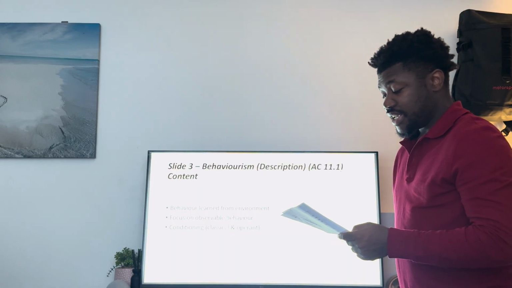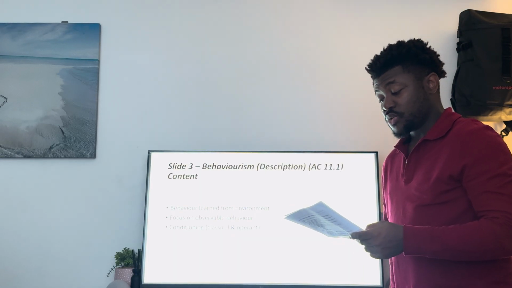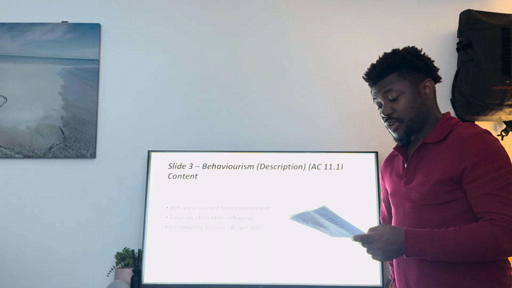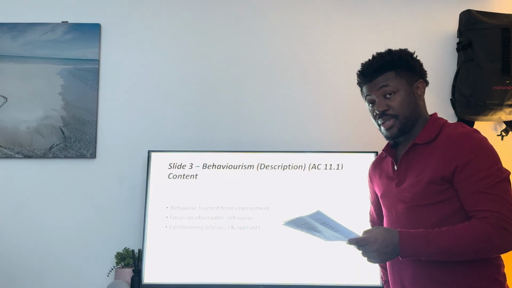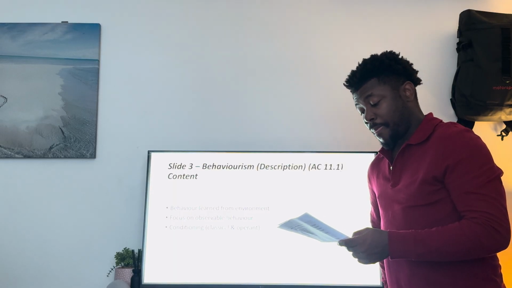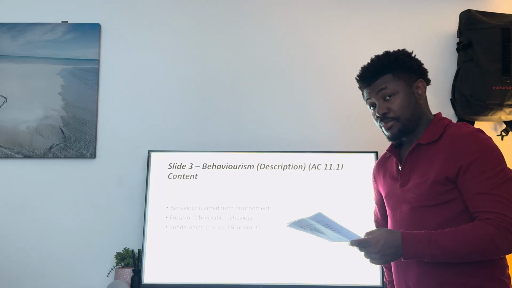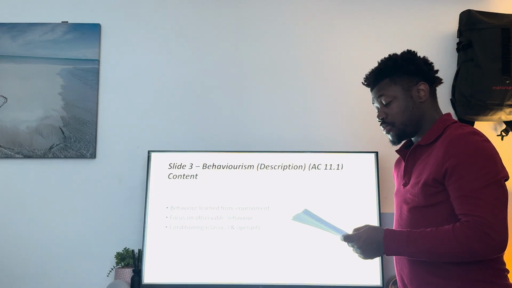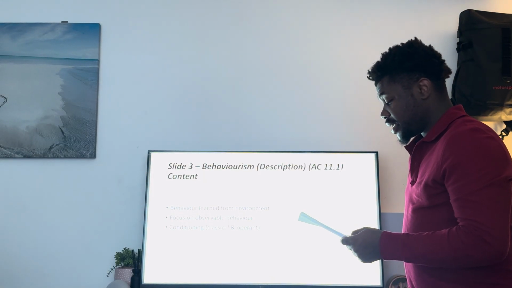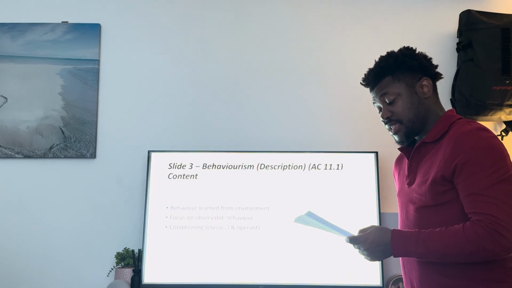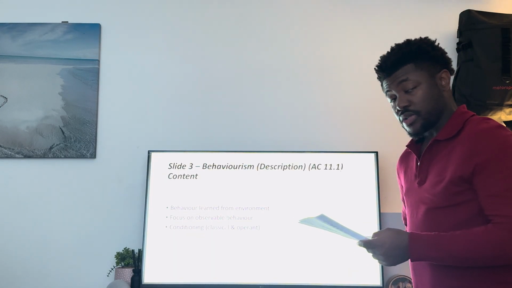Behaviorism developed in the early 20th century through the work of psychologists such as John B. Watson and B.F. Skinner. It focuses entirely on observable behavior that can be measured and tested, rejecting introspection and the study of internal thought.